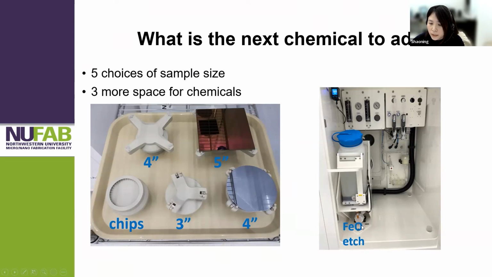We currently only have one available. In the future, we may do a poll to ask the users what the next chemical to add should be, and we'll apply for funding to add more chemicals, up to 3, from the cleaning and etching manual works.